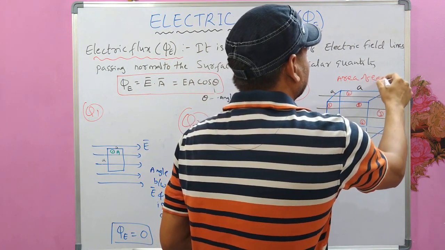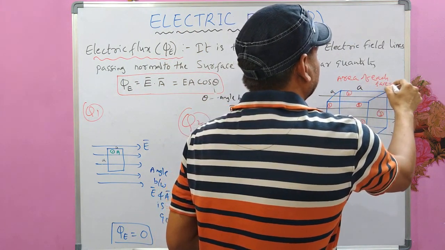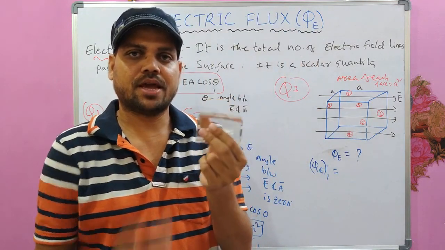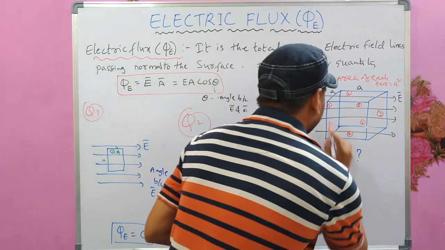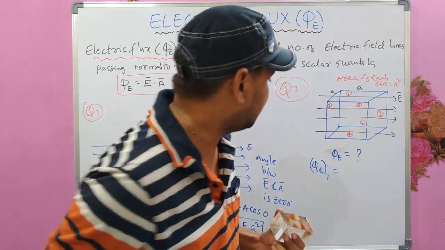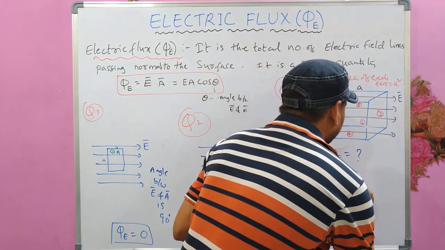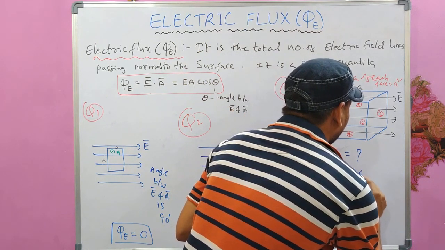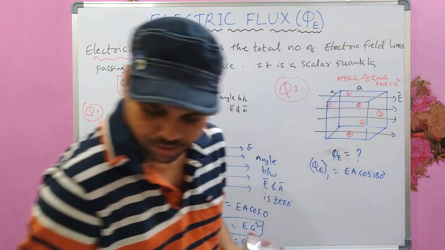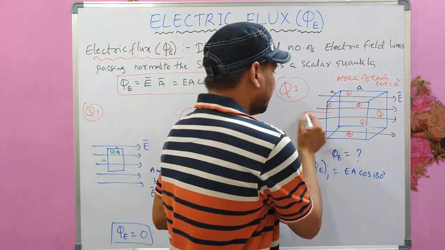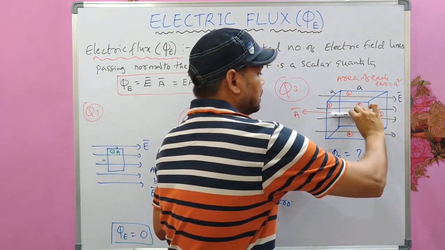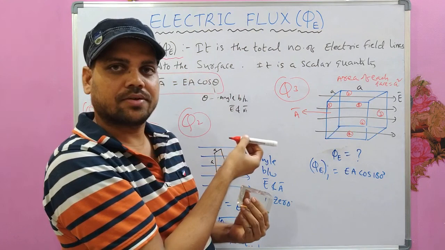Area of each face is A square. So here what can I write? Phi E1 I can write as EA cos 180 degrees, because you can see this area is this and electric field direction is this, area is this.